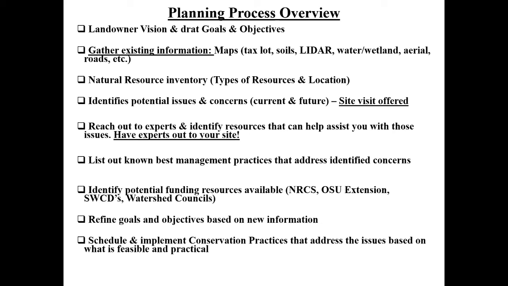So again, there are funding resources out there and available to assist. Through the course, you want to refine your goals and objectives based on new information. And then definitely schedule a time to meet with conservationists, one of us, to come out and do a site visit to help you through the process and determine what's feasible and practical.